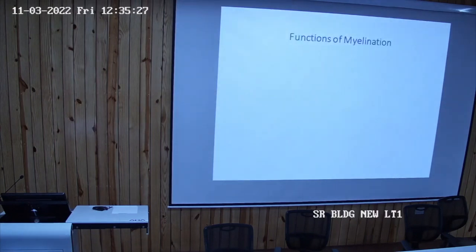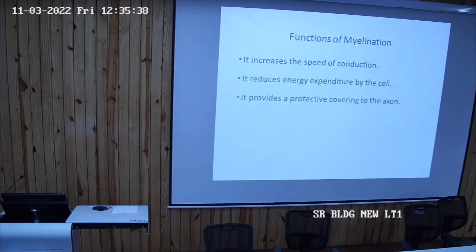So the functions we have discussed: obviously it increases the speed of conduction, and it insulates the axons. It forms a protective covering and acts as an insulating covering for the axon.